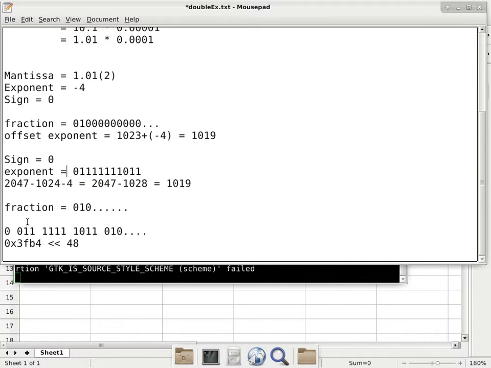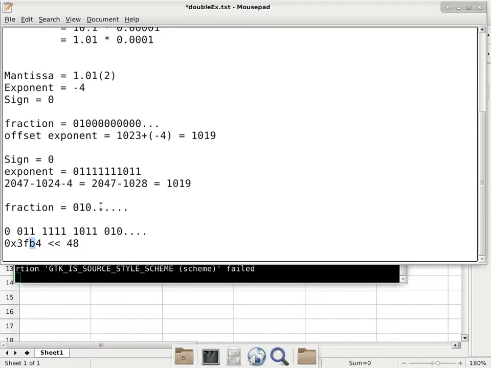Then we group the bits into groups of 4. This is the most significant bit. It will take another 3 bits to become 1 hexadecimal digit. So 0011 is 3. That's the most significant digit in hexadecimal. The next 4 bits will come from these 4 bits, and together they specify F in hexadecimal. The next 4 bits will be these 4 bits here, which will specify a B in hexadecimal.